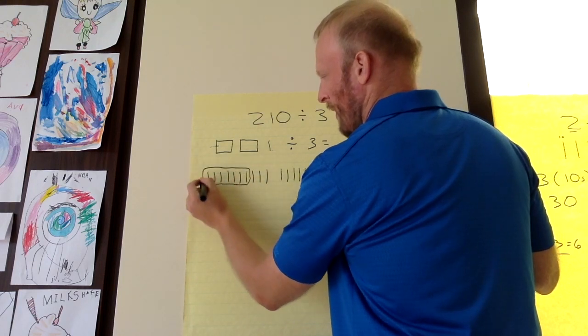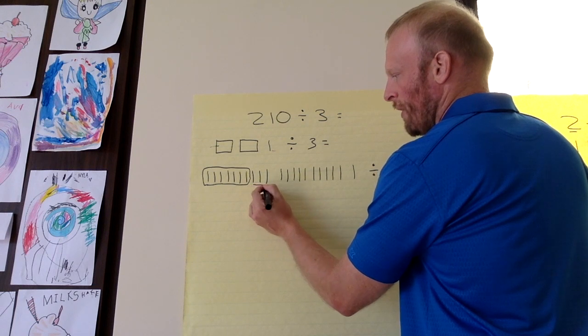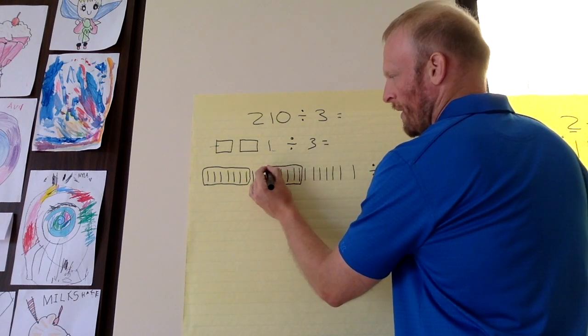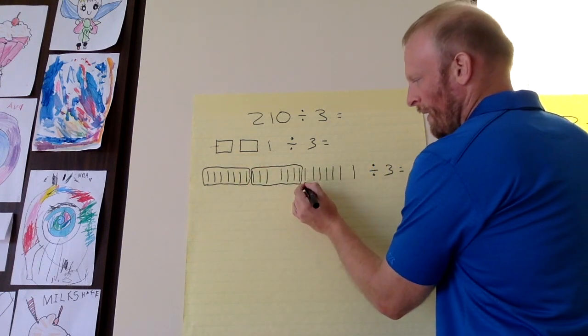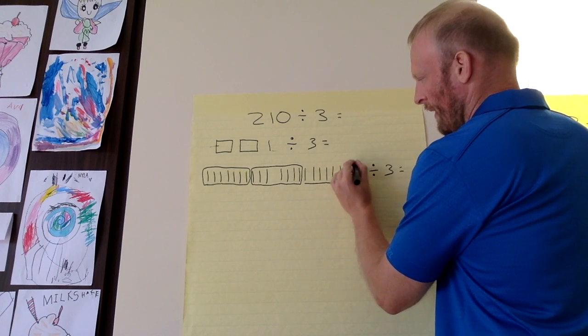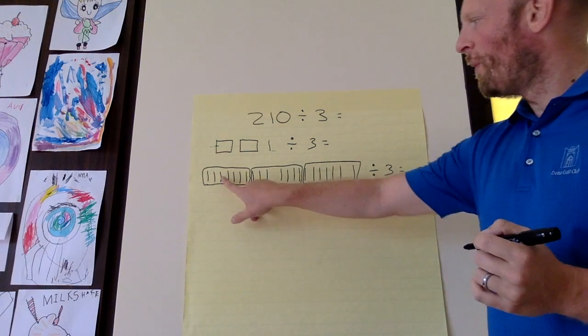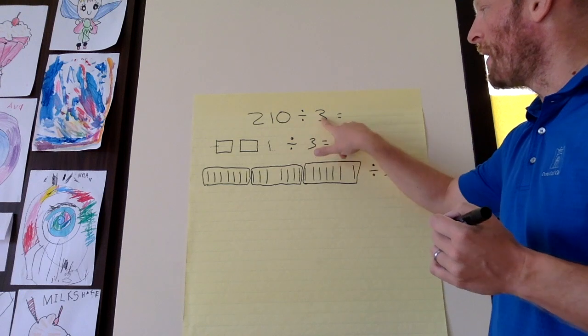There's one equal group that I just made of 70. 10, 20, 30, 40, 50, 60, 70. There's another equal group of 70. And then 10, 20, 30, 40, 50, 60, 70. Take a look. What do we have? We have 3 equal groups, which is what we need because 210 divided by 3.